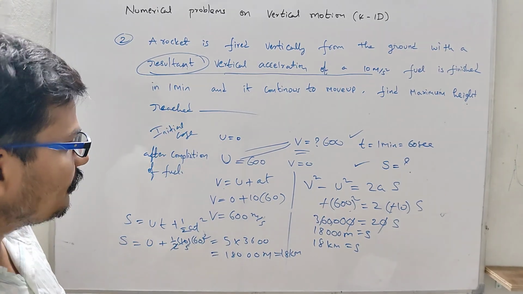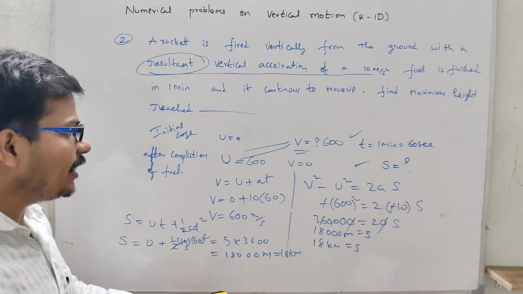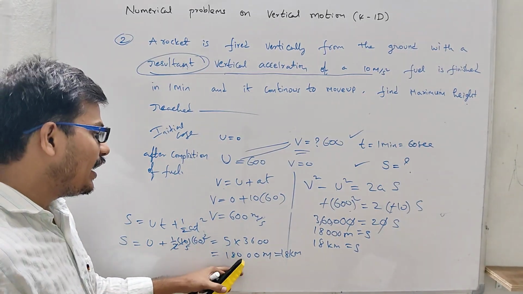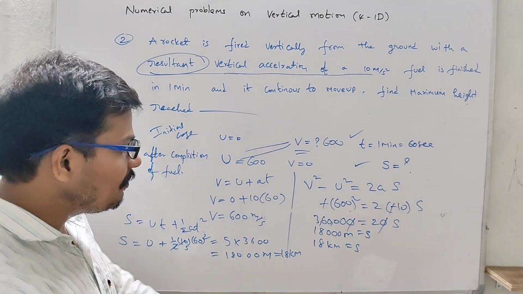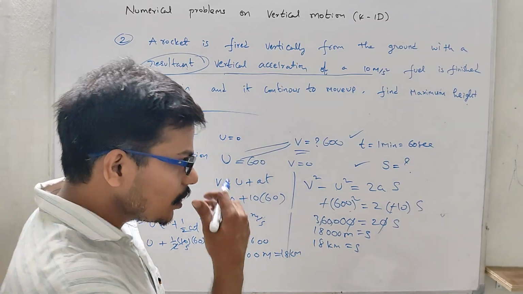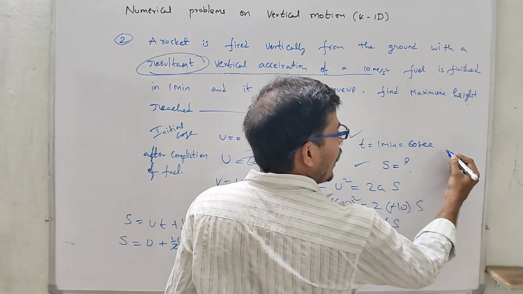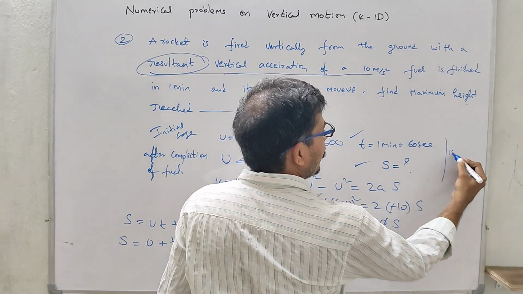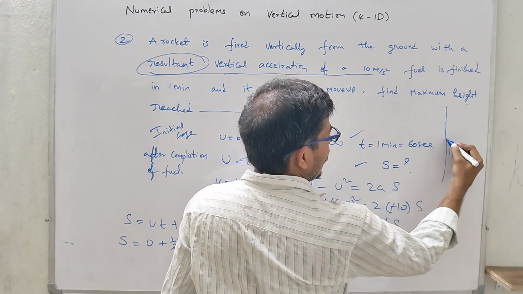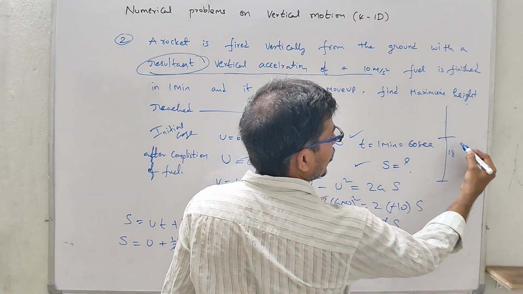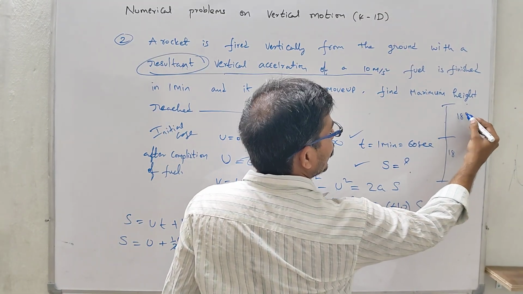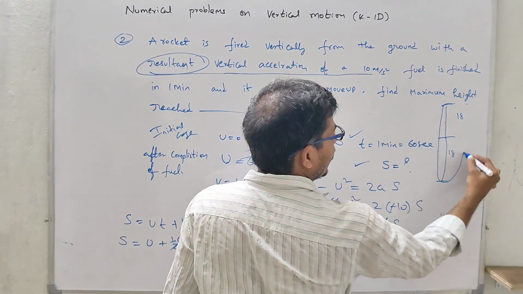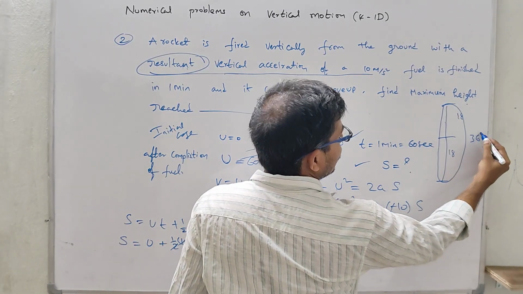So from these two cases, the rocket covers 18 kilometers before completion of the fuel and 18 kilometers after completion. So the total height covered by the rocket is 36 kilometers.